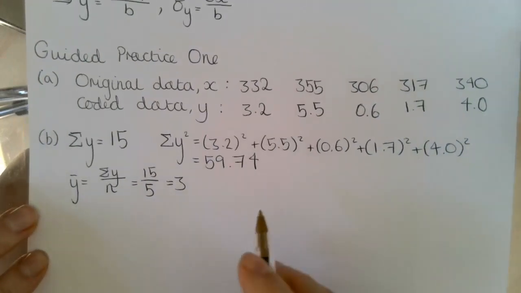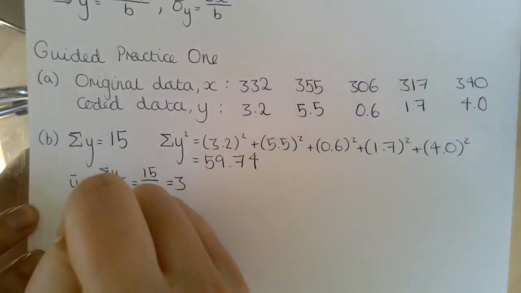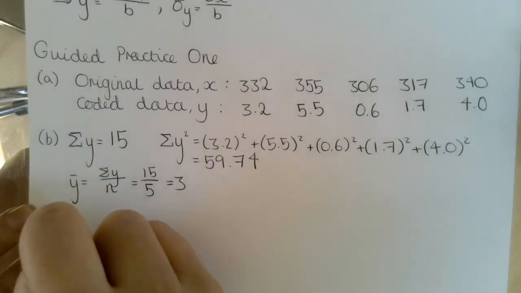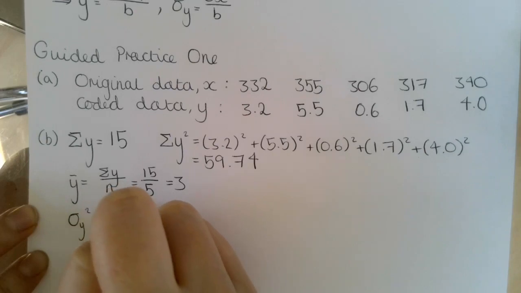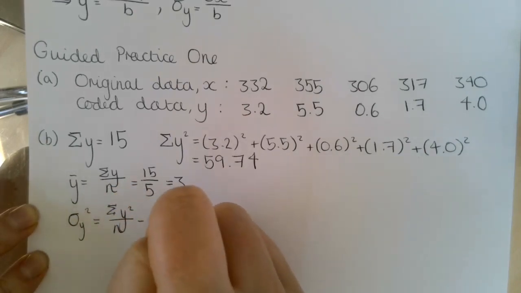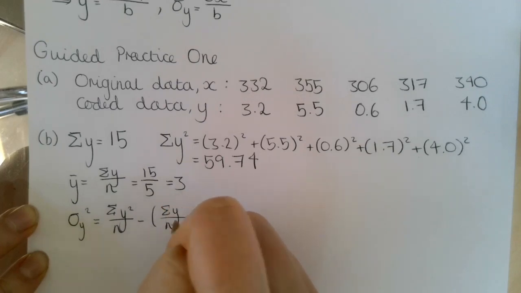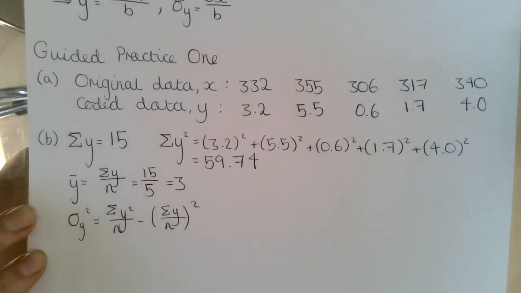For the standard deviation, we're going to first of all find out the variance. So sigma y squared is equal to the sum of y squared over n, subtract the sum of the y values over n, all squared.